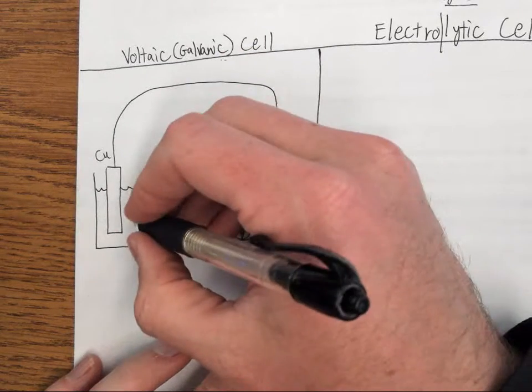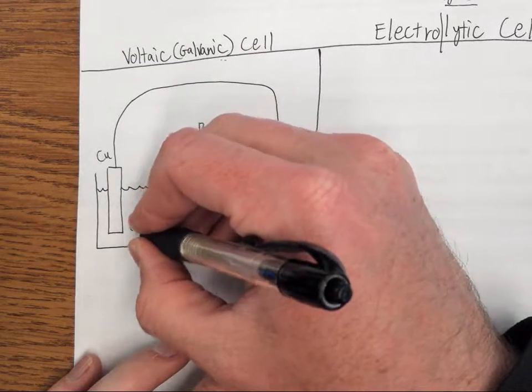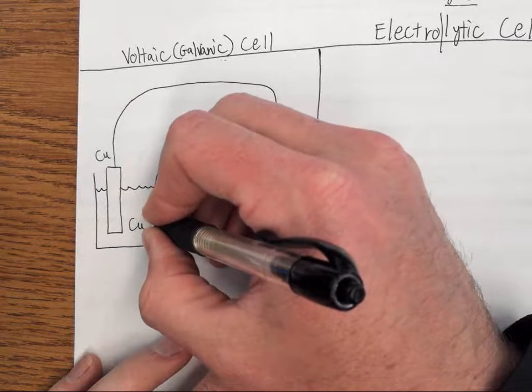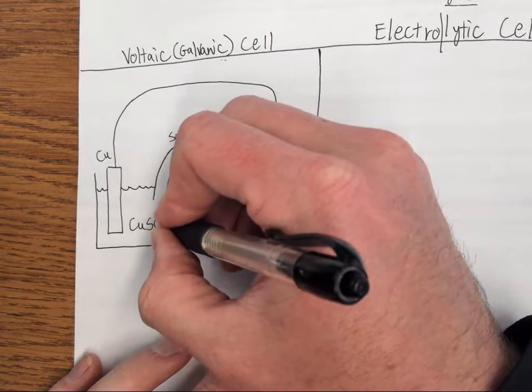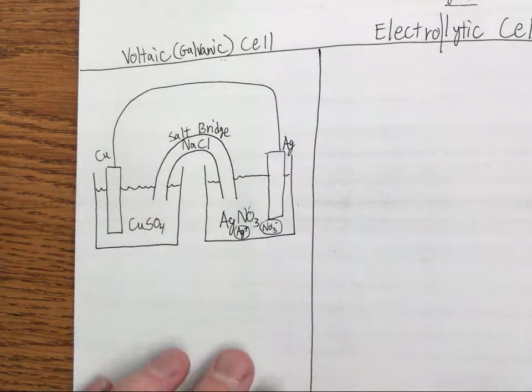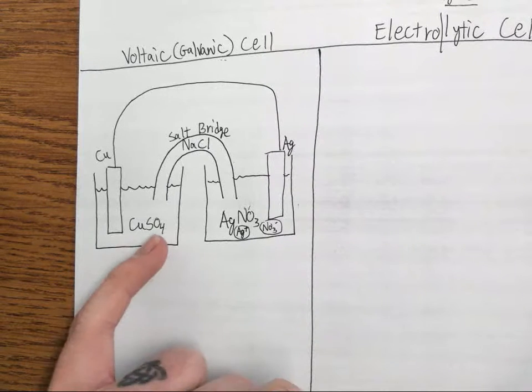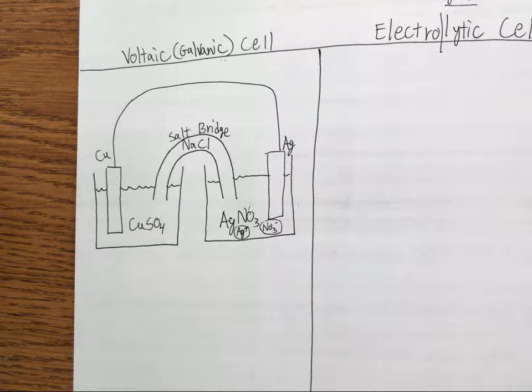So, copper on this side, CuSO4. Now here's our polyatomic ions quiz. Sulfate was the charge. Adriana, I know you want to answer this.